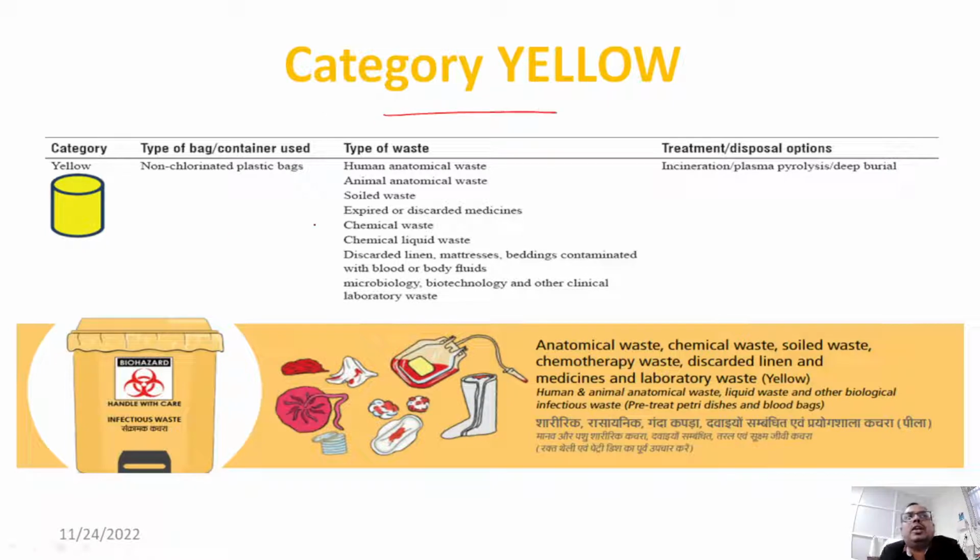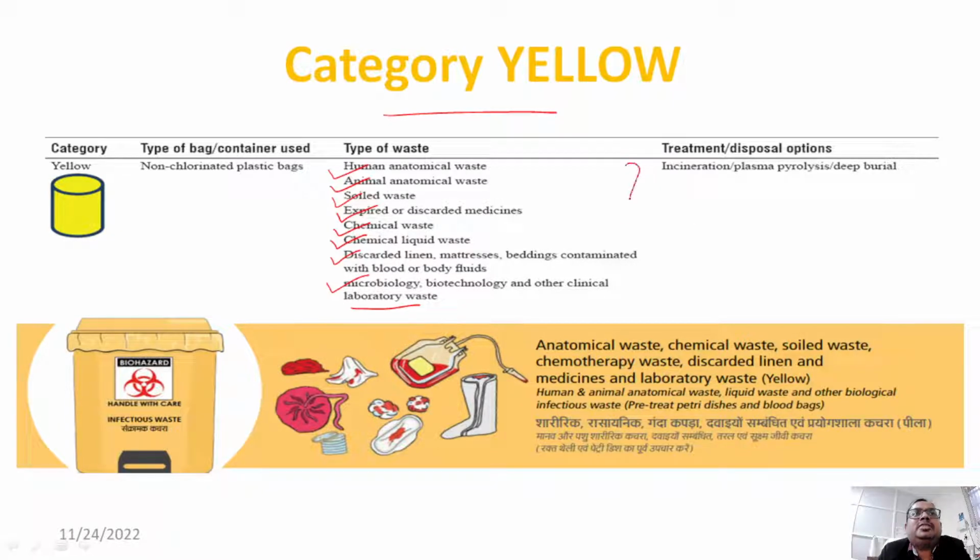This yellow color included biomedical waste like human anatomical waste, animal anatomical waste, then soiled waste, expired or discarded medicine, chemical waste, chemical liquid waste, discarded linen, mattresses, bedding contaminated with blood and body fluid, microbiology and biotechnology and other laboratory waste.